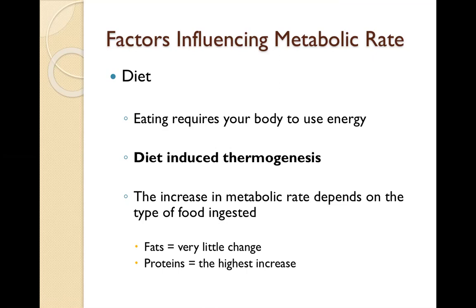Proteins tend to have a higher change in your metabolic rate if you eat more foods that are high in protein. But this concept of diet-induced thermogenesis is that there's some theories that some foods will burn more calories to break down than you ingest, and that's not really true.